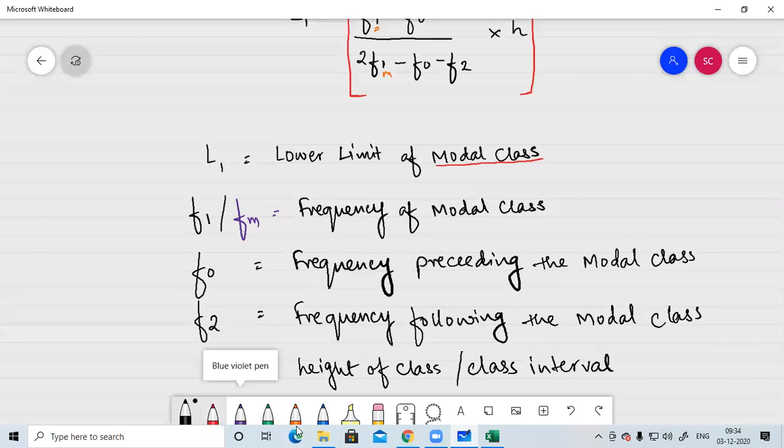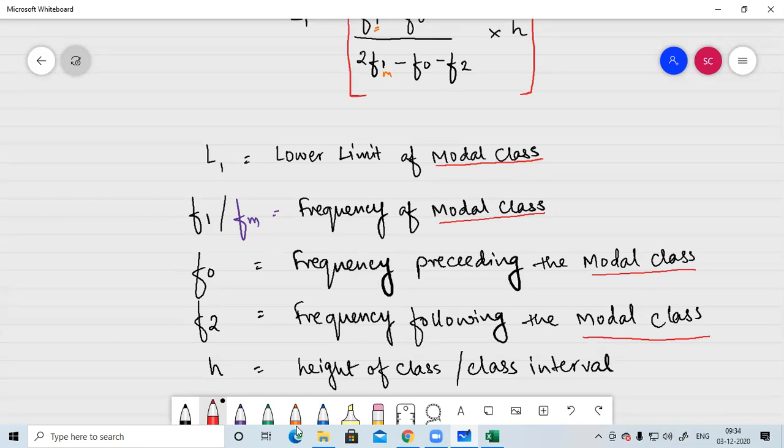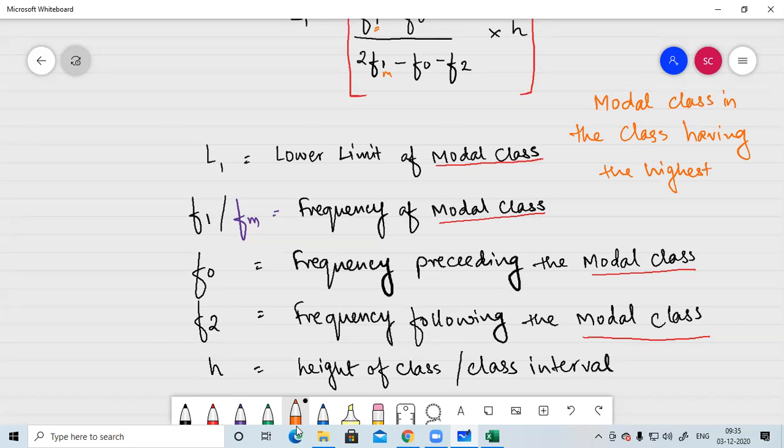So everywhere, if you observe, this word is coming up: modal class, modal class, modal class. Now, what is modal class? Basically, your modal class is the class having the highest frequency, or maximum frequency, rather.